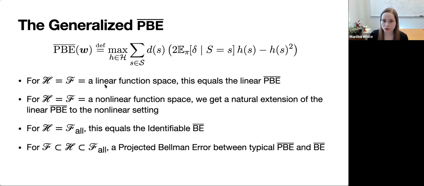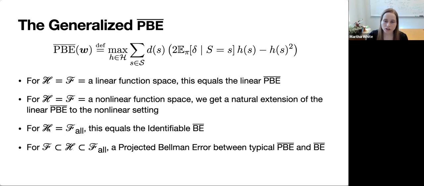And now for different choices, we're actually going to recover some of these objectives we had before. So if we picked this new space H and our space for our value functions F to be linear functions, then we get back exactly the linear projected Bellman error. If we pick both of those to be the same and for them to be nonlinear functions, we actually get a very natural extension of the previous projected Bellman error now to the nonlinear setting.